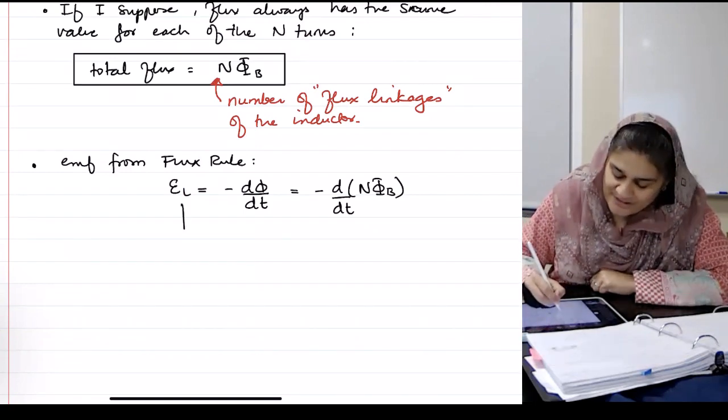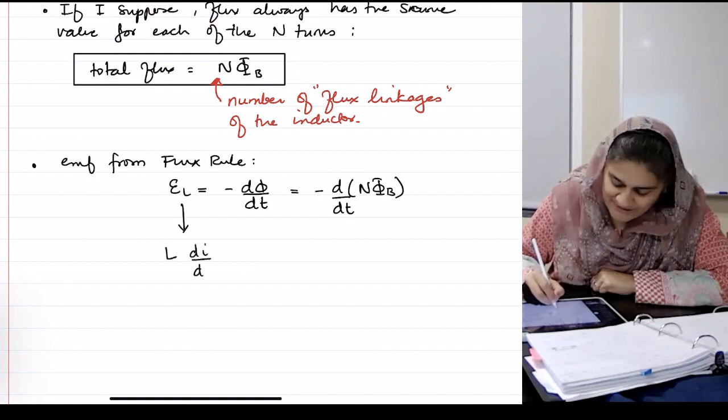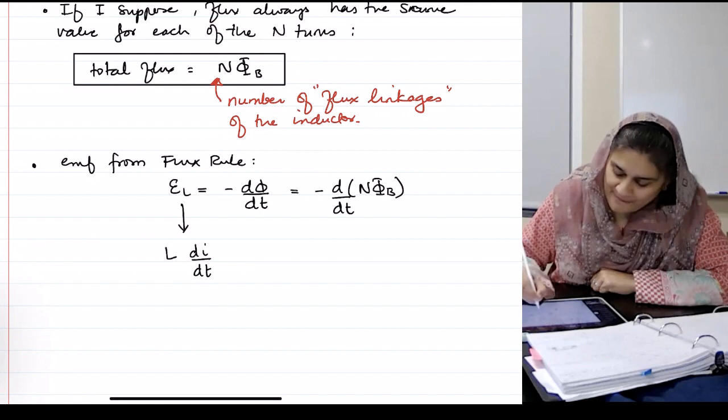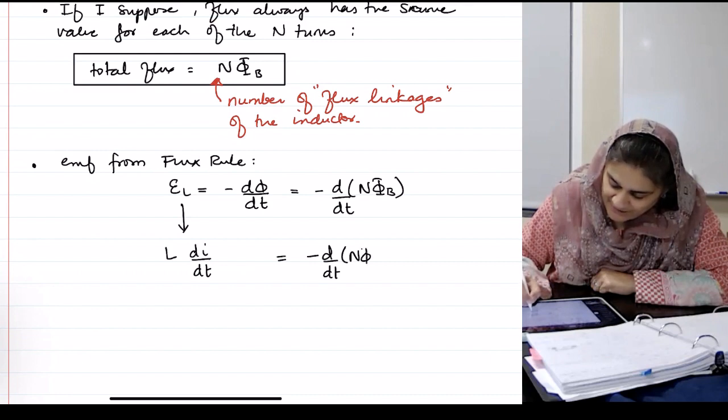And I know this side was L di over dt. And this side is minus d over dt of N phi b.